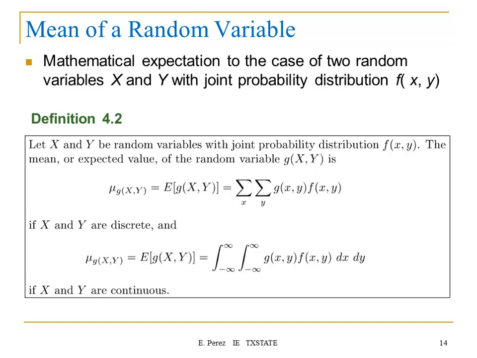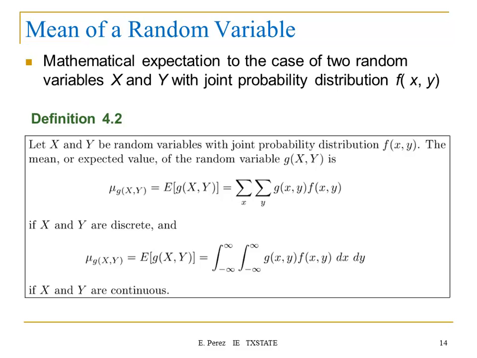And we define the mean for the joint distribution as is here. For the discrete case, you still multiply the value of the function times the value of the probability, and you sum those amounts for x and y.